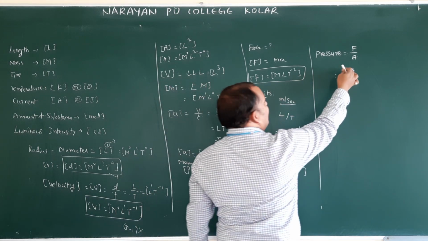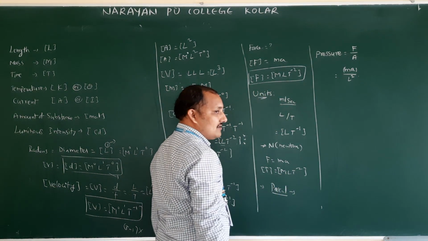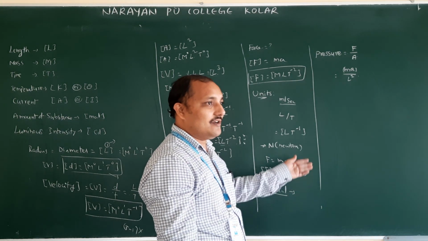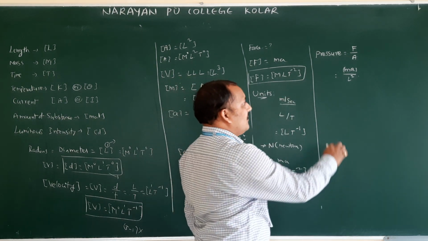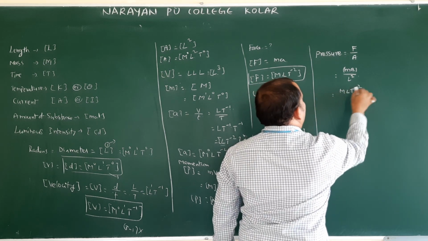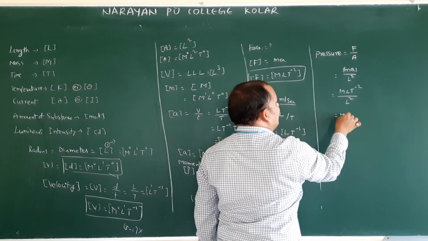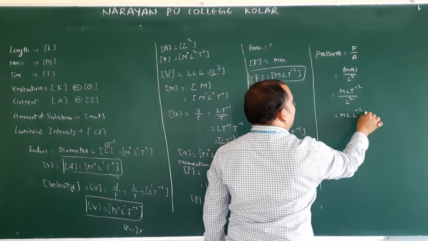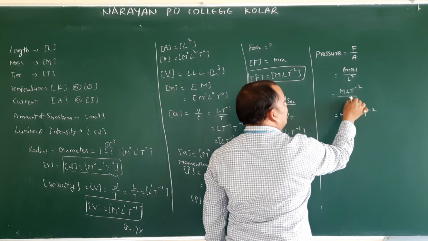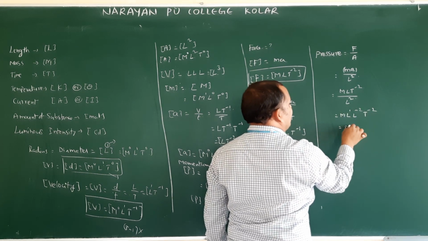If you want to substitute directly, you can. Force means m L t power minus 2. Remember this one, the force dimension formula will come so many times, so you can remember it directly. So it is m L t power minus 2 by L square. L square goes to the numerator as L power minus 2, so t power minus 2 stays, and L is 1 minus 2, minus 1.